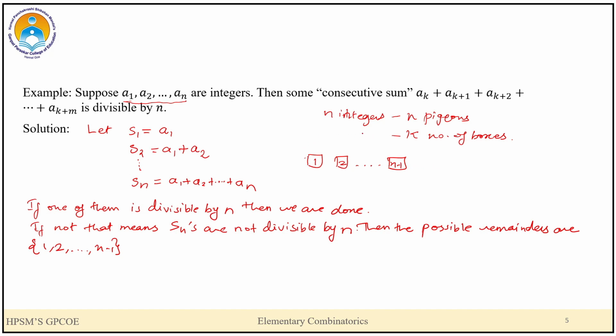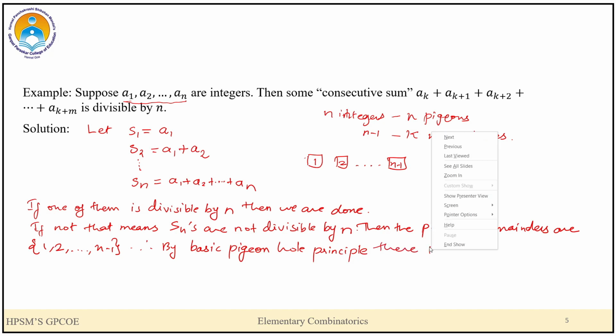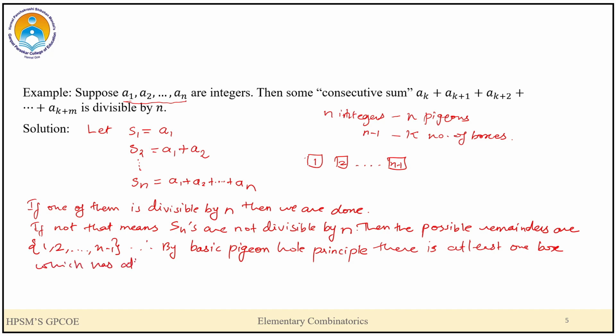So since there are n minus 1 boxes and n integers, by the basic pigeonhole principle, there will be at least one box which has at least 2 integers.